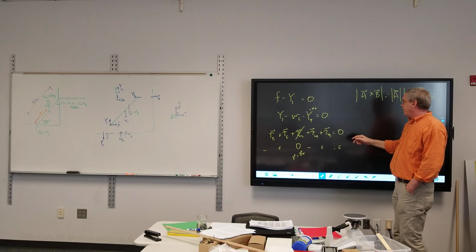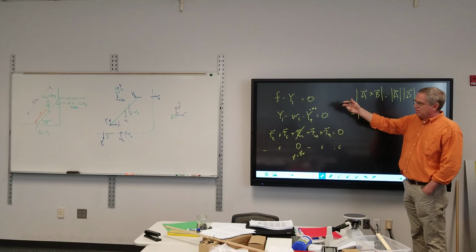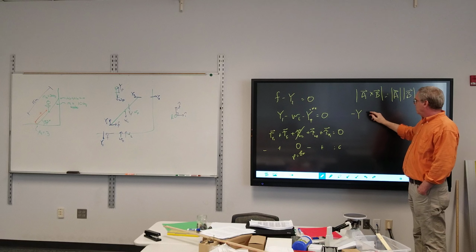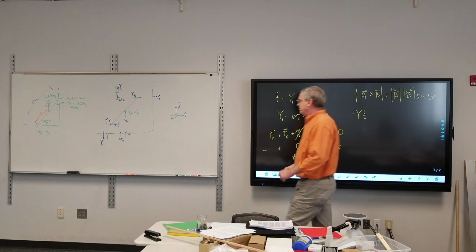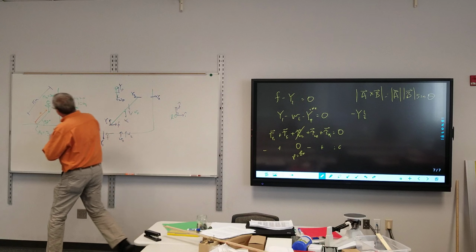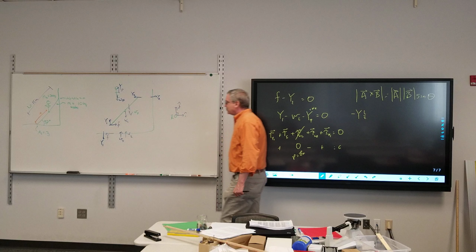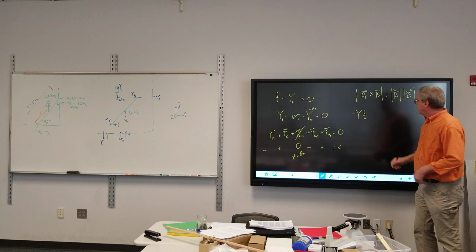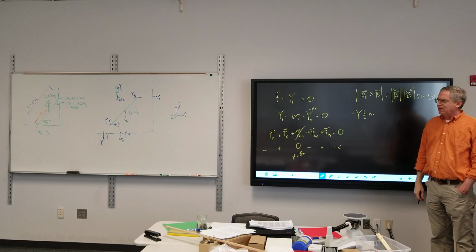So what I'll end up with there is, for y1, negative y1 times the length, which is L over 2, labeled specifically capital L, times the sine of the angle between them.